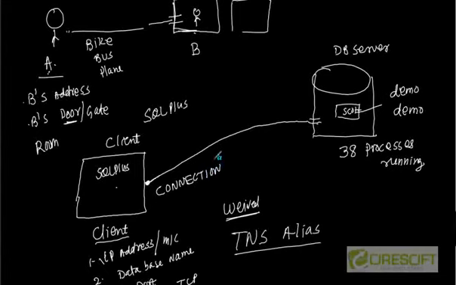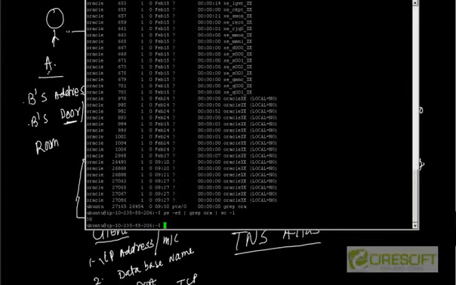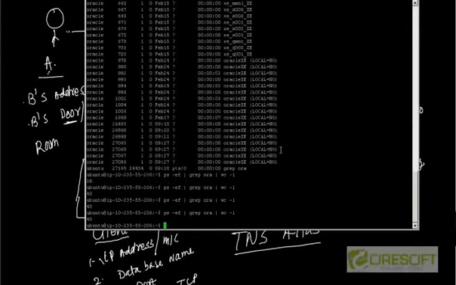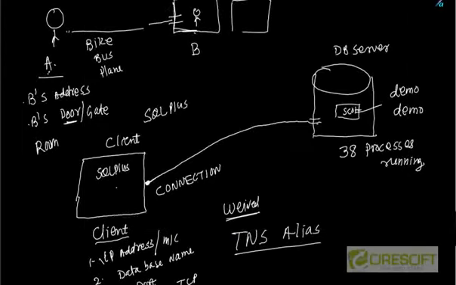Now let's check how many server processes are running. It looks like there are 40. Essentially it was 38 and then it became 40. Why are there two more processes coming up?